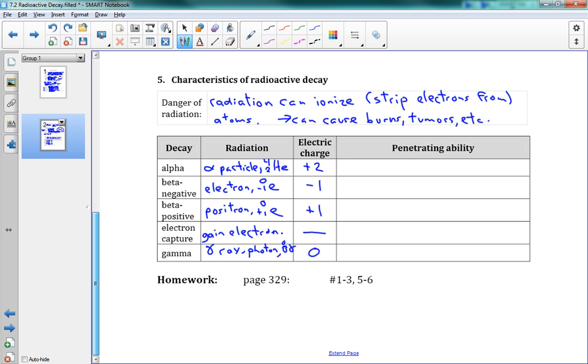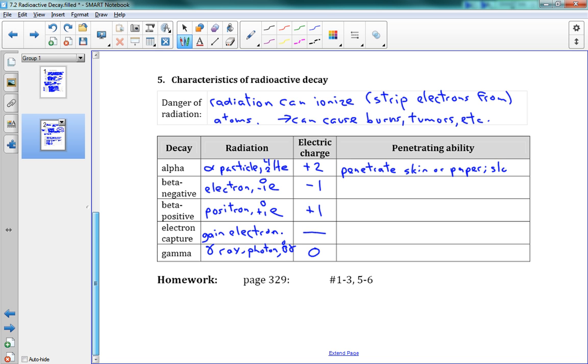But the last factor here is the penetrating ability. And alpha particles don't get very far. They can't penetrate through walls, for instance. Right? How far can they penetrate? Well, they can penetrate skin or paper. That's it.